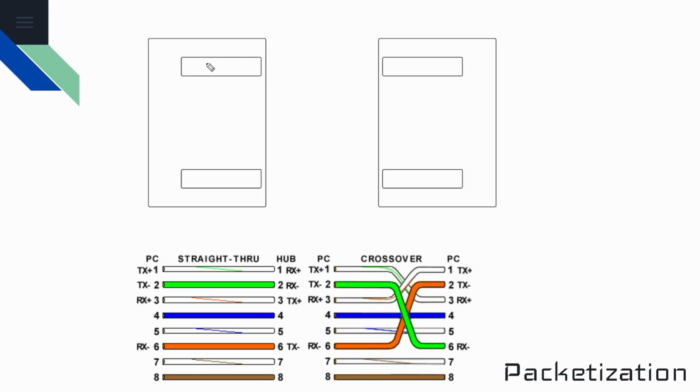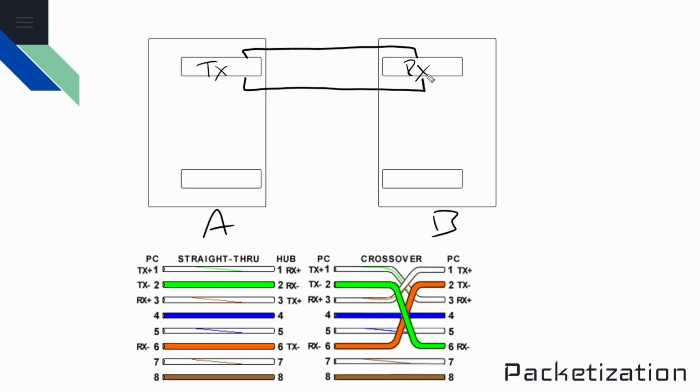So if we have, for example, a transmitter and a receiver, and we'll call this host A and host B, there is a single wire in each twisted pair that is run between the transmitter and the receiver. And this allows an electrical circuit to be created so that data can be transmitted.